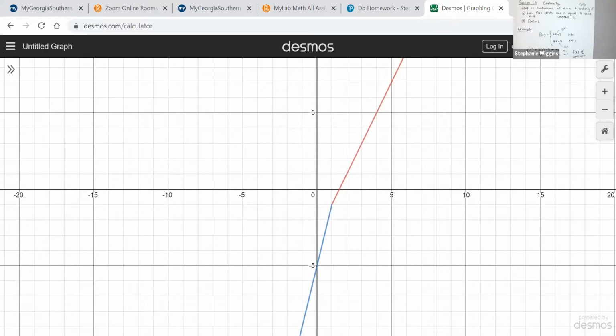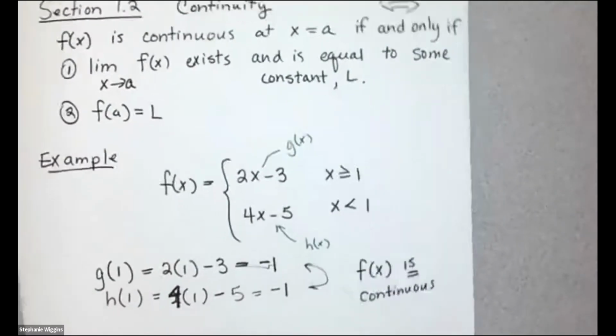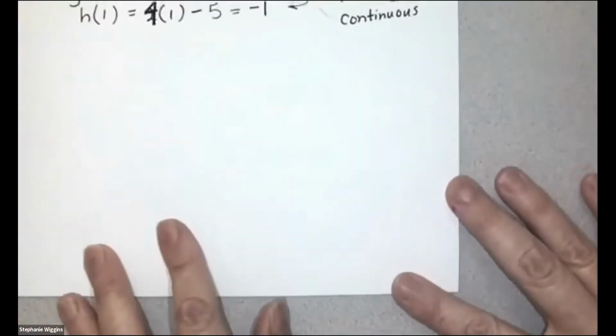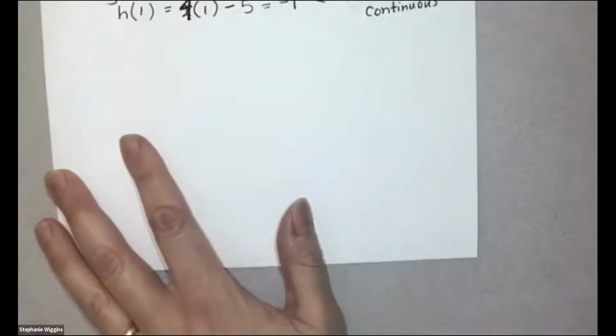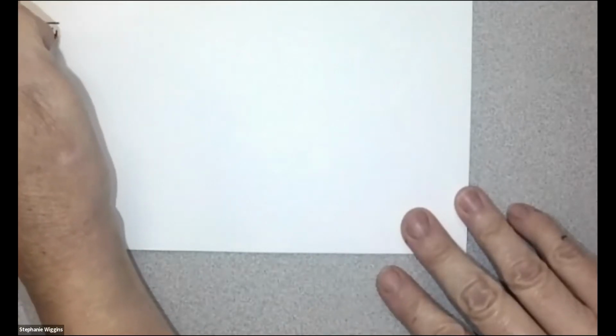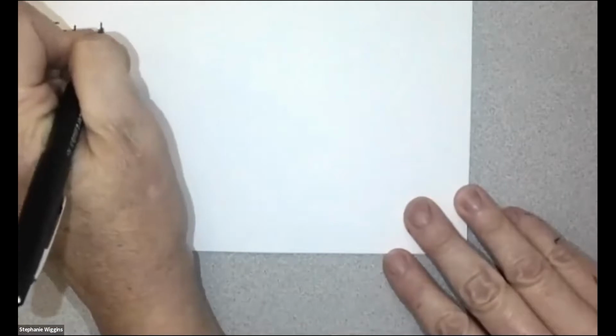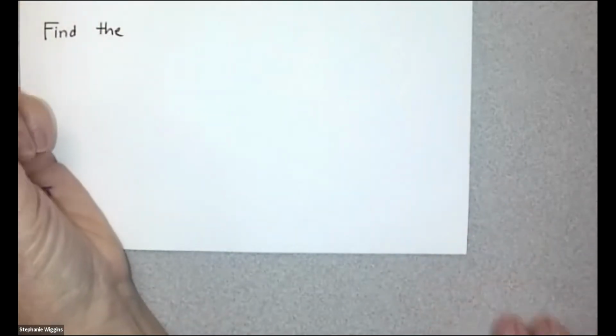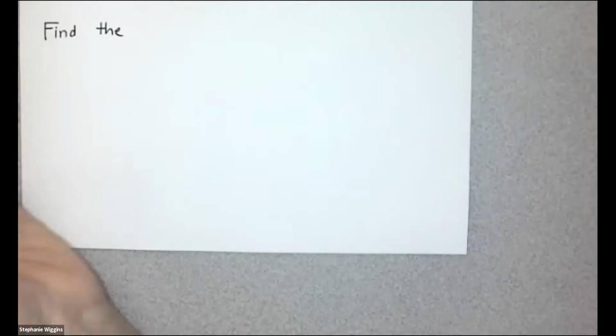Okay, going back to the notes, let me look at another example. This comes from your homework. Or this is one like your homework. It asks you to find a value of c so that the function would be continuous. So the way it's worded is, find the value, I think in your text or in your homework it uses k, so I'm going to use k.